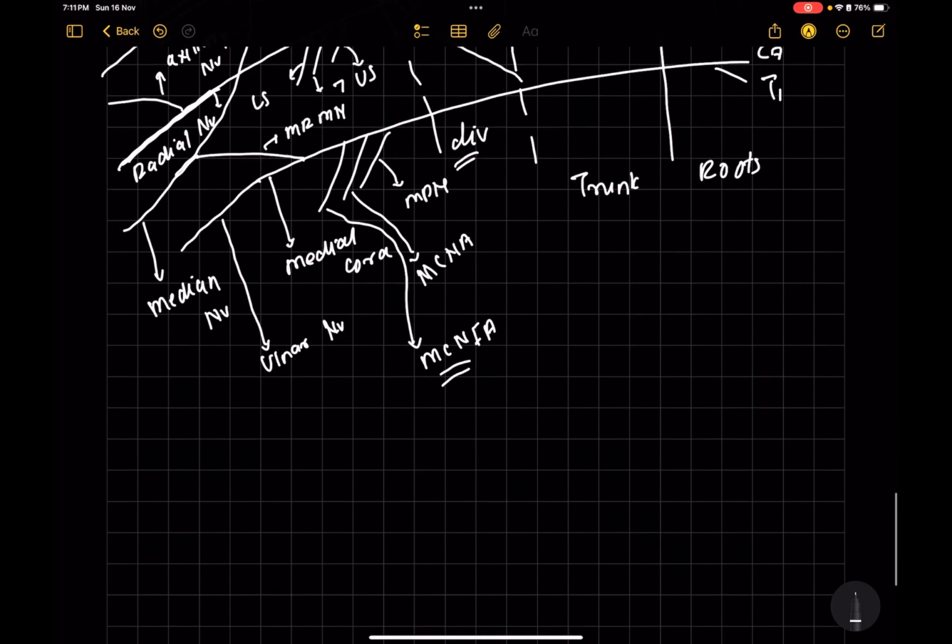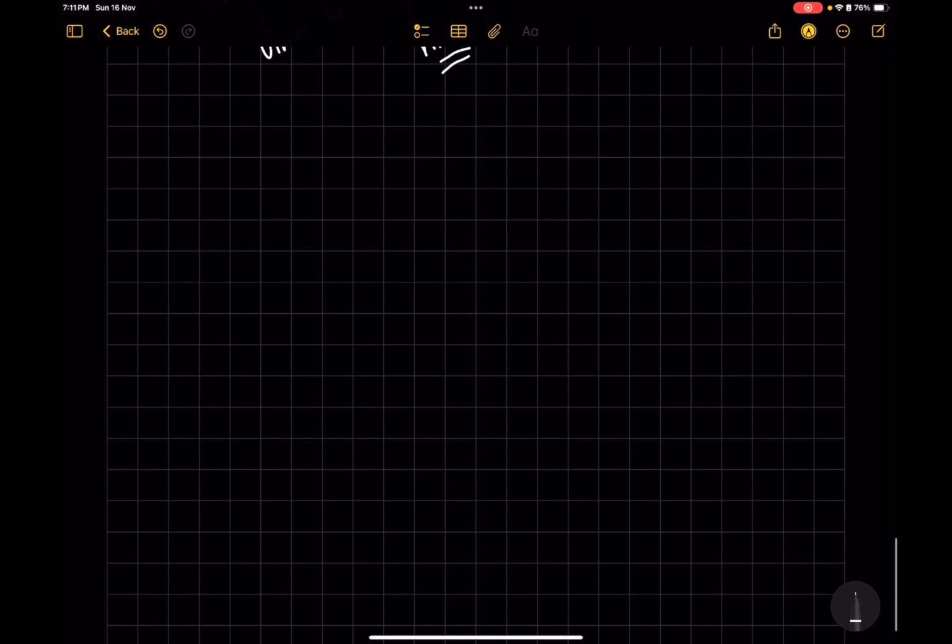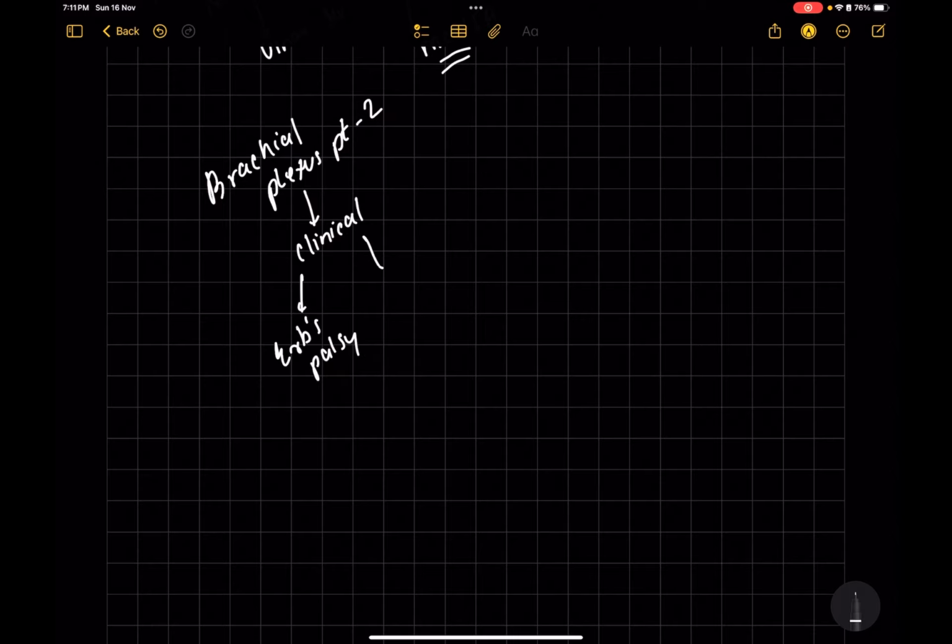In the next part, brachial plexus part 2, I will try to cover its clinical portion. That would be Erb's palsy. There would be Horner syndrome too, because sometimes I have seen some colleges ask this in upper limb part-ending exams, though it belongs to the head and neck portion.